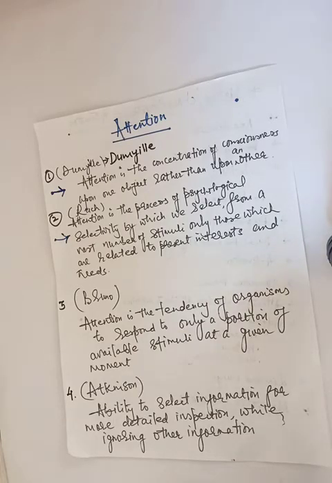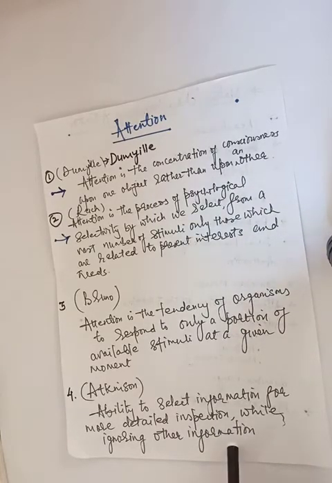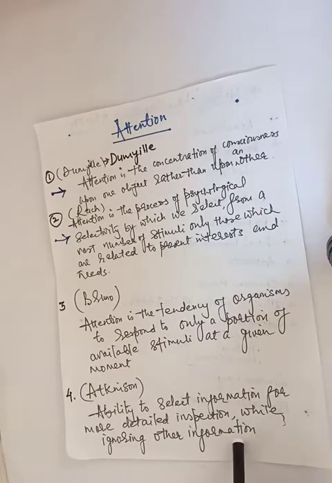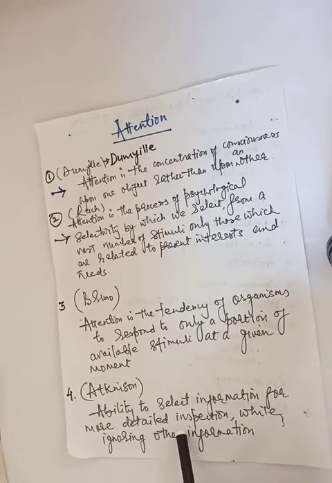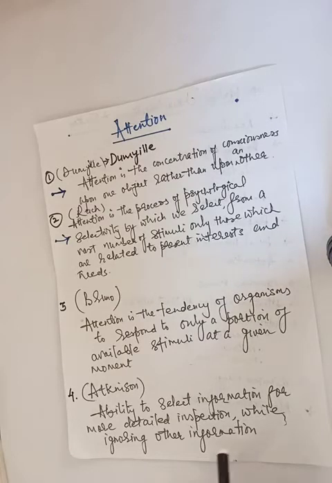Somebody's watching TV, somebody's playing outside, somebody's talking to each other, but you know what, you are selecting to pay heed, or you are selecting this video to understand in detail, and then you can say you are paying attention to it.